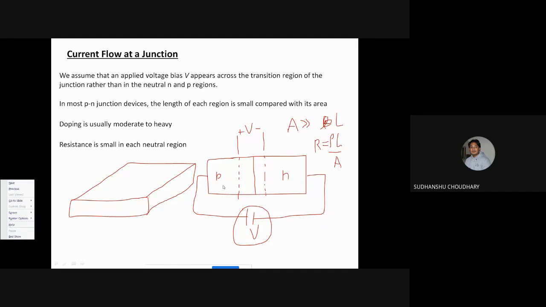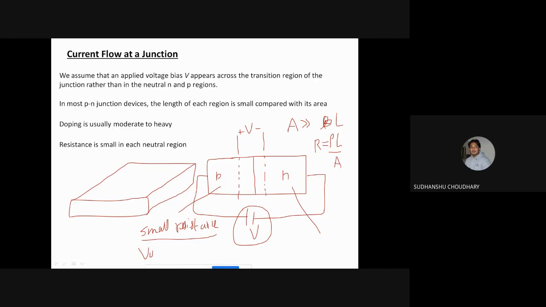So these two regions have small resistances. Now if it has small resistance, obviously the voltage drop will also be small or negligible.